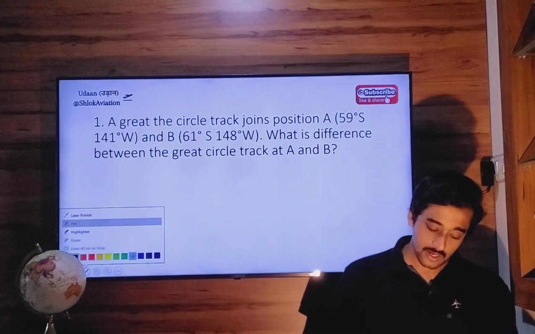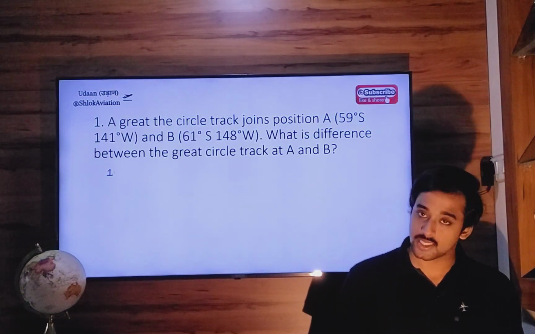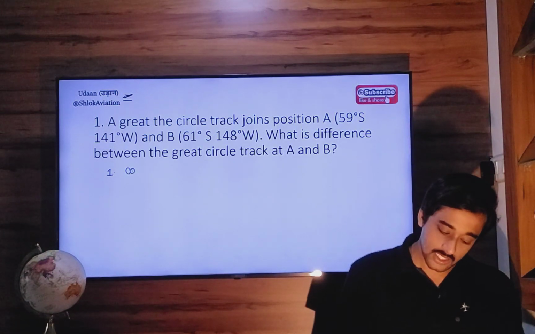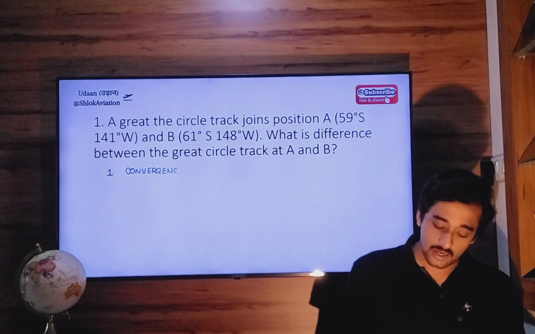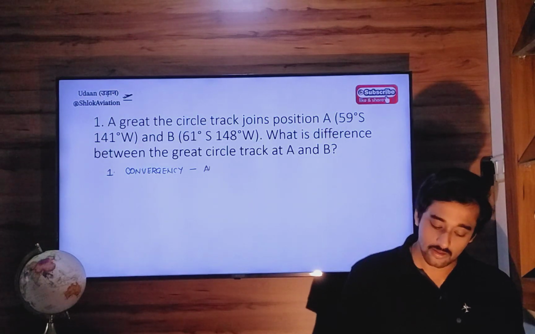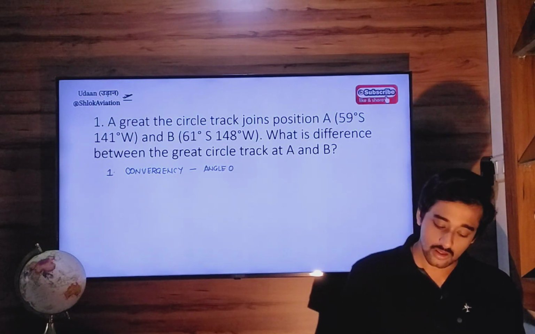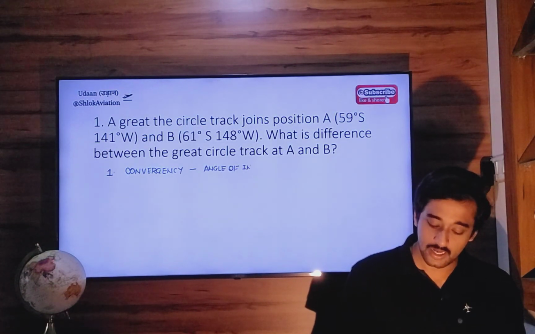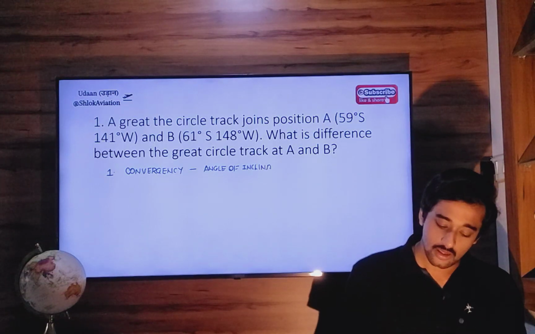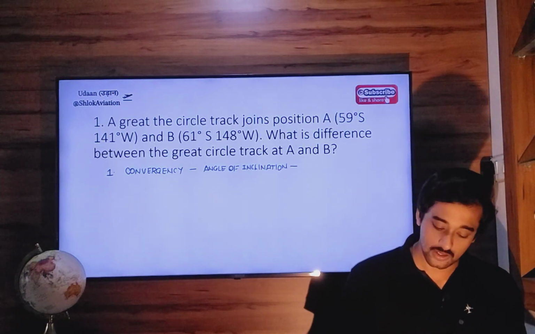Now, remember there are two definitions of convergency. First, convergency is nothing but the angle of inclination between two meridians.